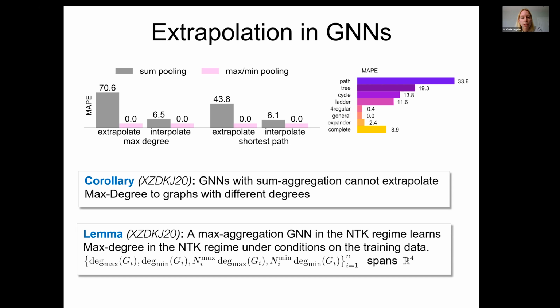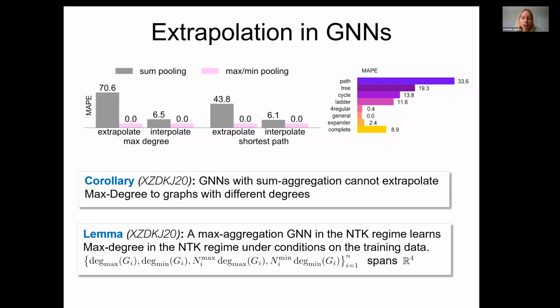This is something one can also formalize. Here's a relatively simple formalization for the case of max degree. It proves that with a sum aggregation, GNNs cannot extrapolate max degree to graphs with different degrees. But if you put the max in the aggregation instead of a sum, then you can learn the max degree under certain conditions on the data.